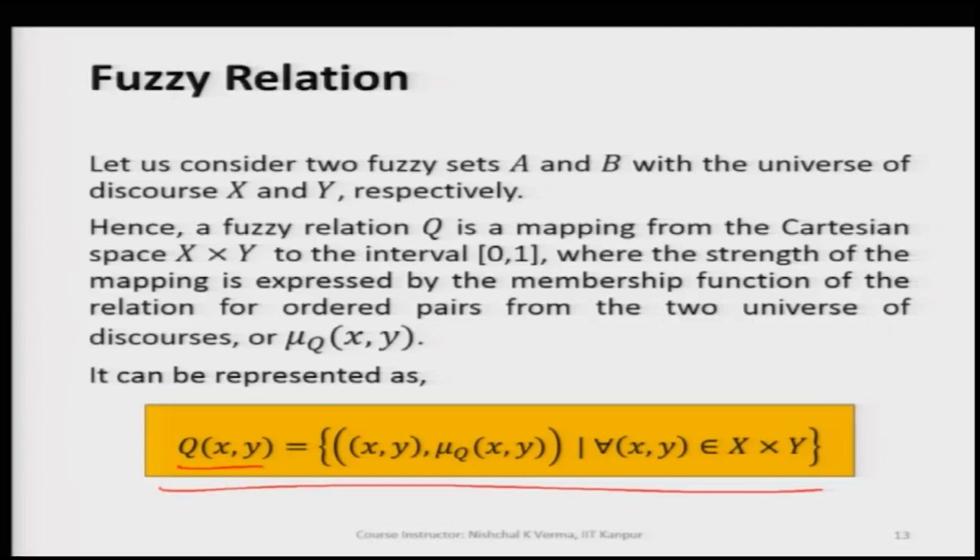As I already mentioned, this fuzzy set is represented in 3D space. Two dimensions are for the x and y generic variable values, and then mu of x and y is the third dimension, which represents the membership degree. That is why it is a 3D representation.